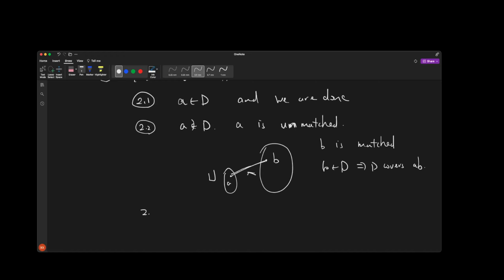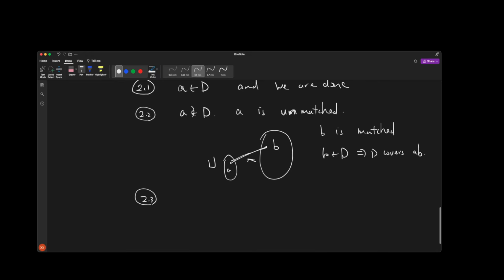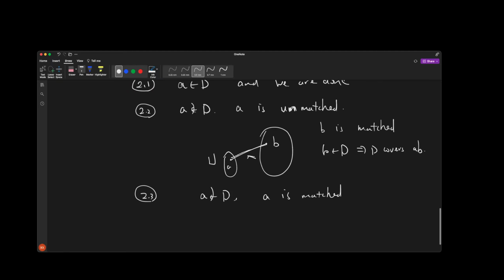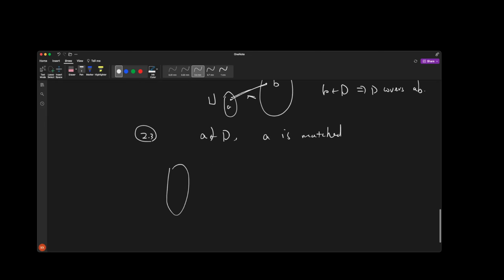Okay. The third case is that A is not in D and A is actually matched. If I draw the picture, we don't quite care about unmatched A because we already dealt with it. So suppose A is matched and AB, but we don't know AB is in the matching. We don't know that. For example, we draw AB like this.